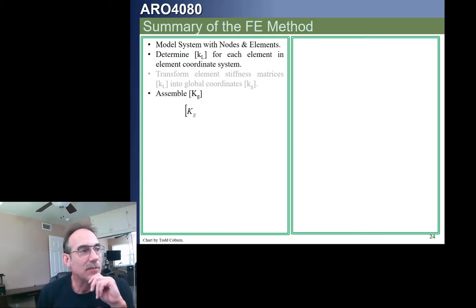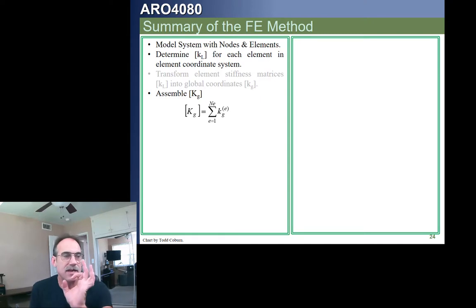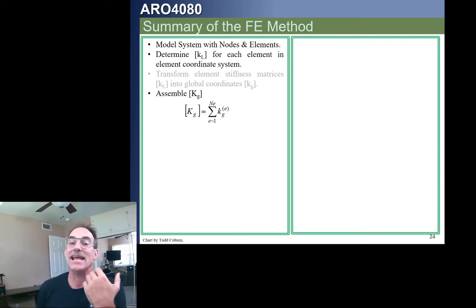Okay? We're going to assemble our global stiffness matrix. Now the summation doesn't mean we're adding all of our terms. It means we're taking care to figure out which terms go where, and then constructing our global stiffness matrix. Okay? Which means we're going to take the stiffness matrix for each element and place it where it goes in the global stiffness matrix, added to any other local stiffness matrices that apply to that point.